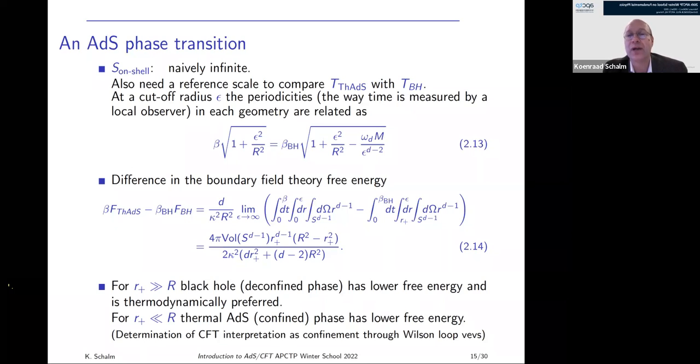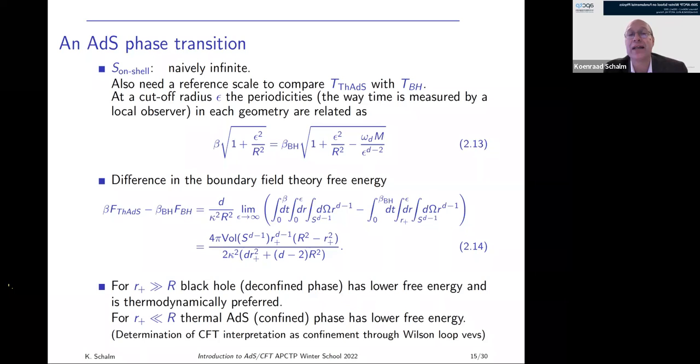So we're going to put in a unit, and this unit does two things for us. It makes the naively infinite on-shell action finite, and it gives us the unit to relate the two temperatures. We do this in the same way that we did it in the last lecture.